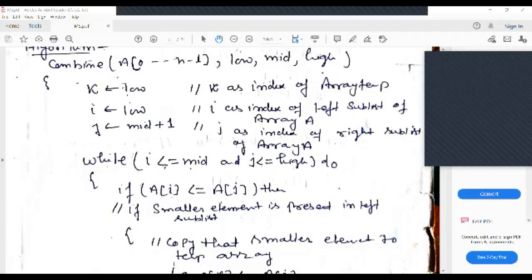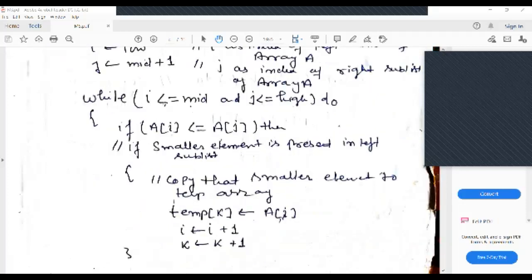The loop which we are using here is a while loop. Till when will the while loop work? I is less than or equal to mid, because the first sublist has its highest index at mid, and j is less than or equal to high. When both conditions are satisfied, what happens? The element of the first sublist is compared to the first element of the second sublist, because we are looking for the smaller element, as we are sorting the data in increasing order.